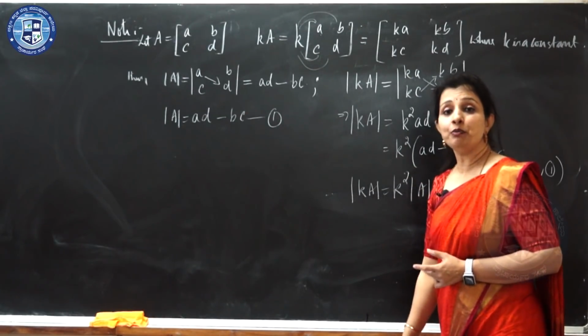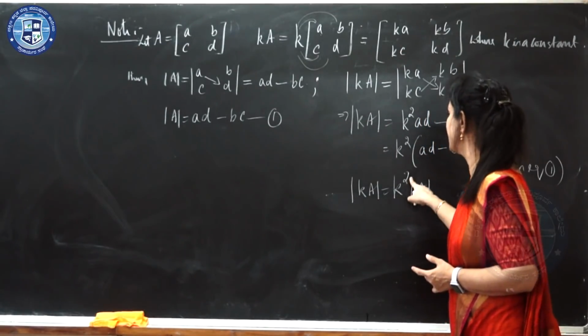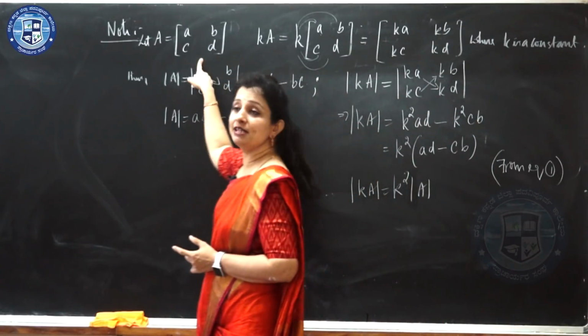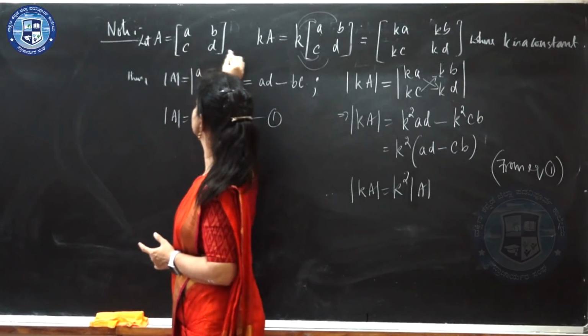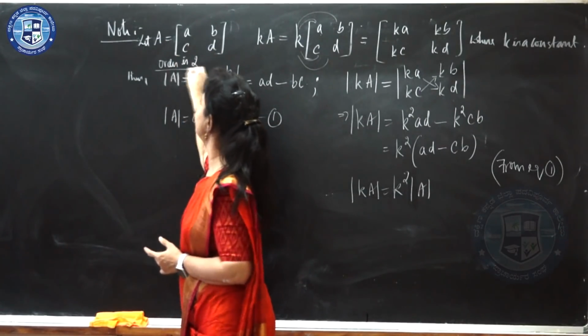So a very, very important result, students. Determinant of K into A is K square into determinant A, where A is a square matrix of order 2. What is the order of this? The order of A is 2 here.